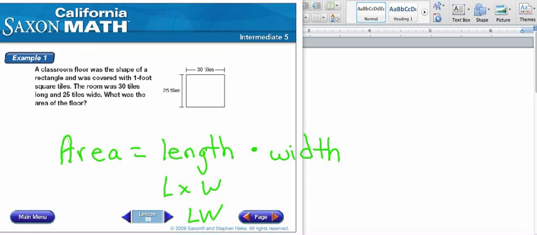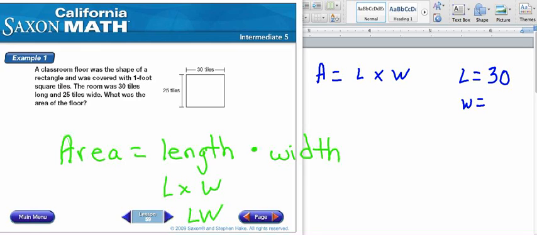A classroom floor was the shape of a rectangle and was covered with 1-foot square tiles. The room was 30 tiles long and 25 tiles wide. What was the area of the floor? So to solve this, area equals length times width. Length equals 30.